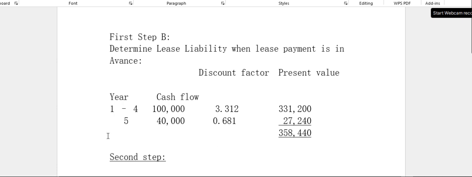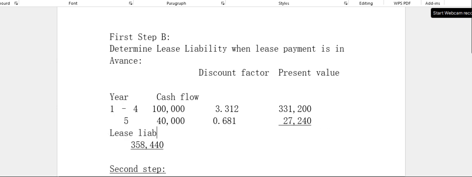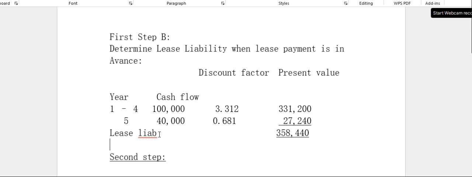Is that taken? And if it is in arrears, you use the number of years that the contract was entered to determine your lease liability. I hope it is clear enough. Are we still together? Yes, sir.